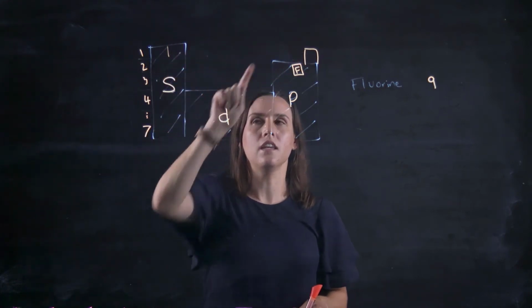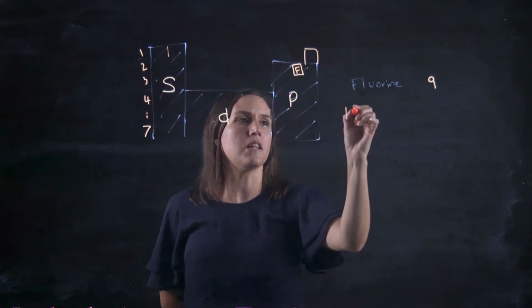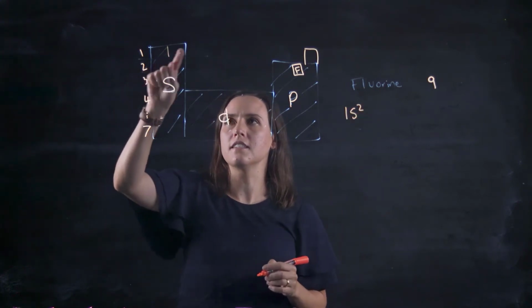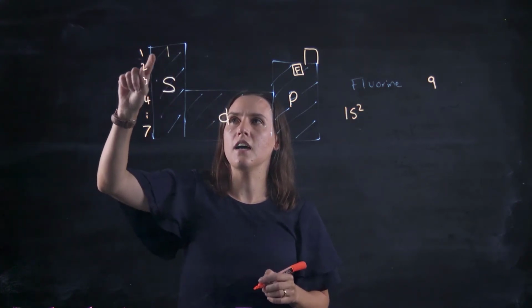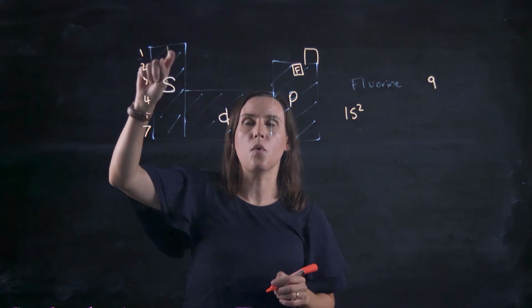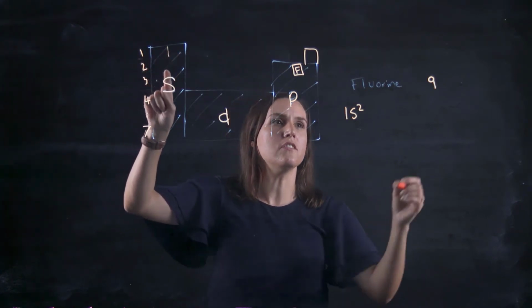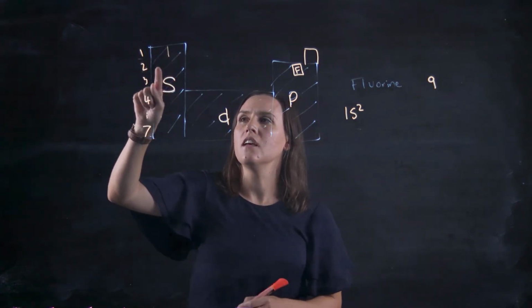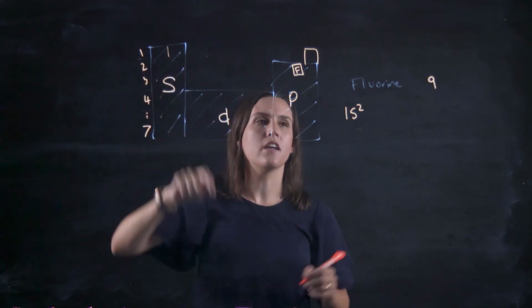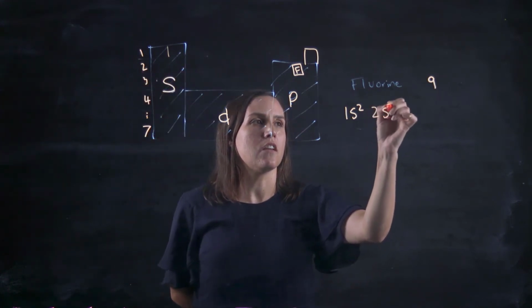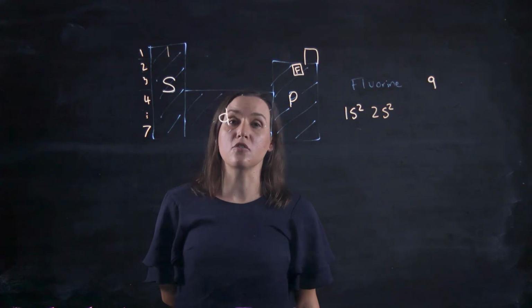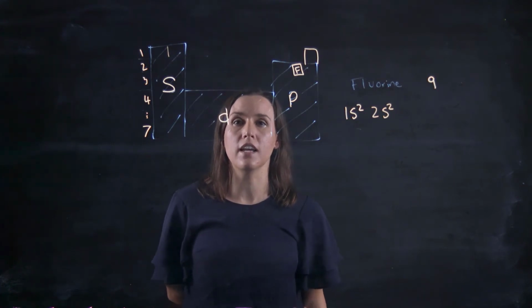So that completes your 1s, so that's your first 2 electrons. They sit in the 1s. Your next 2 electrons, so we're getting to 9, sit in that 2s block. And an s orbital can only hold 2 electrons.